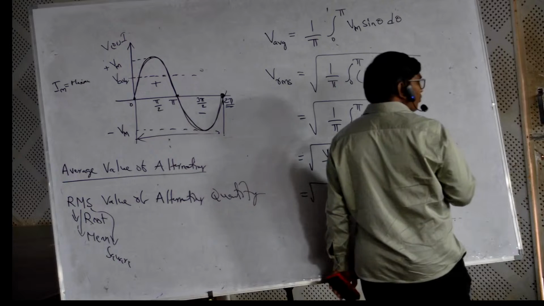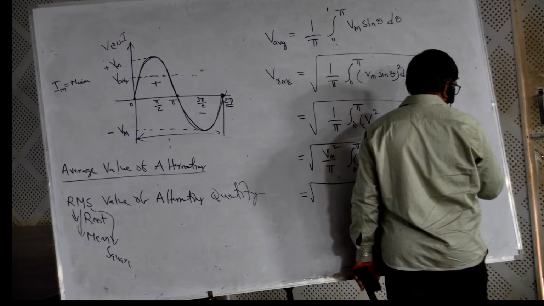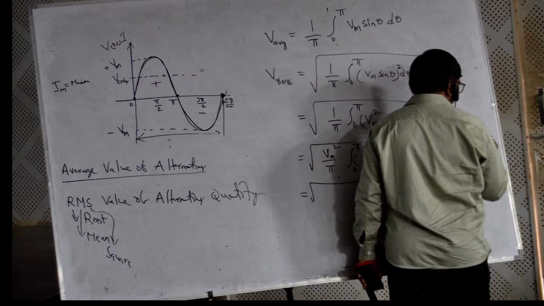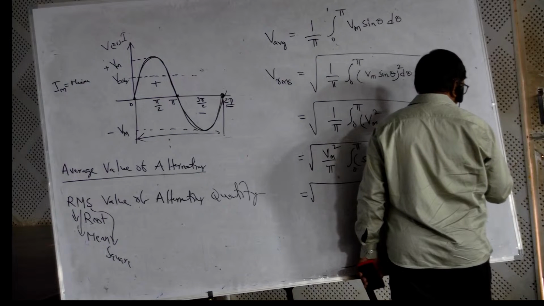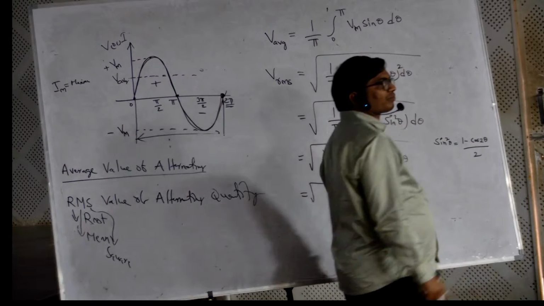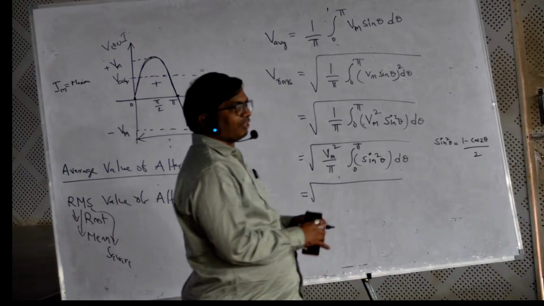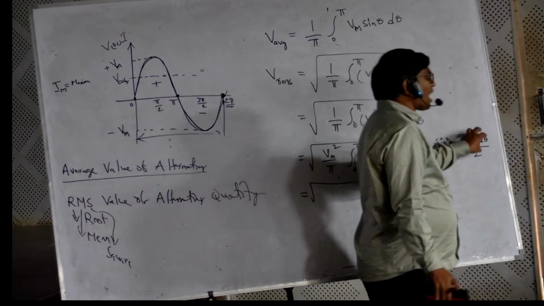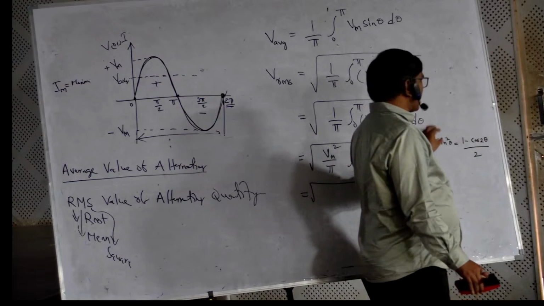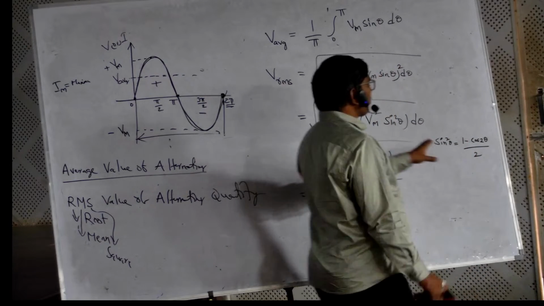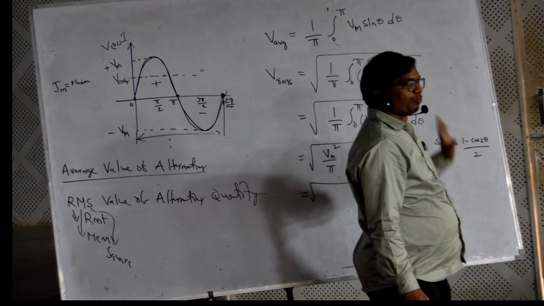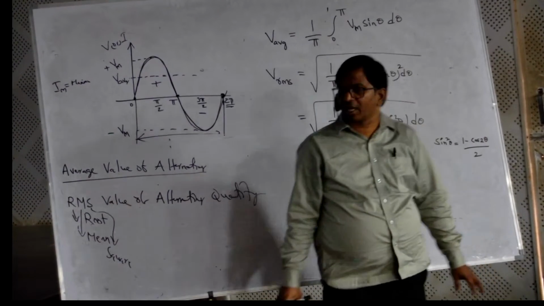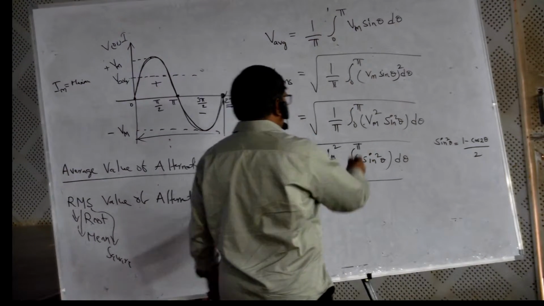So sine square theta is equal to 1 minus cos 2 theta by 2. Here our aim is to convert to only cos or sine.